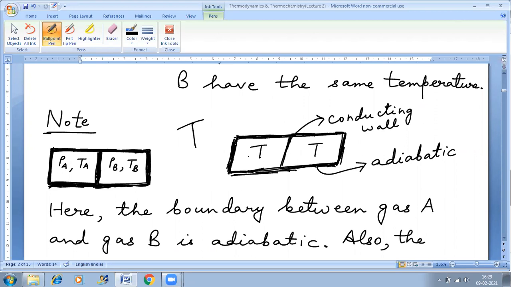After some period of time, both the compartments attain the same temperature, and now there is no further flow of heat. So this is also a case of thermal equilibrium.